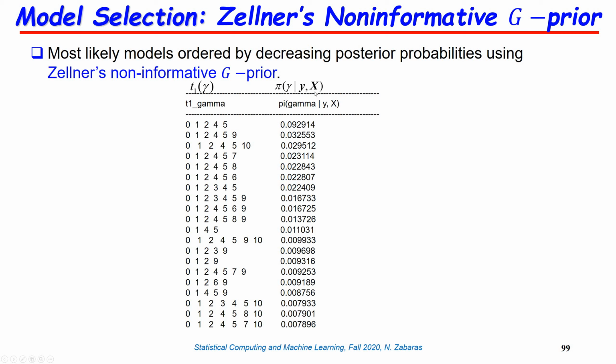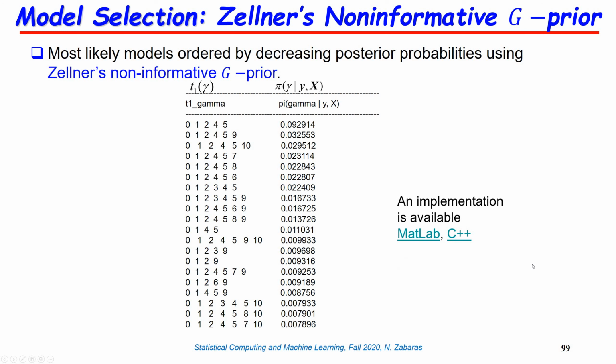So again, these calculations are done using the non-informative G prior, all right? So they are more reliable if you don't have any sensible prior information, so they are more reliable than the table that I showed you before, where we used a particular C, if I recall, C equal to 100.